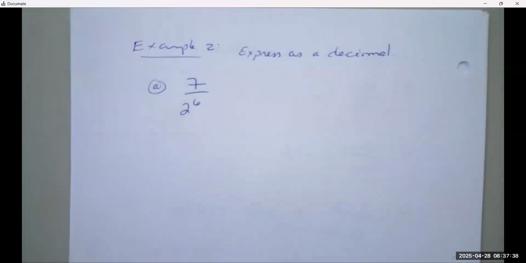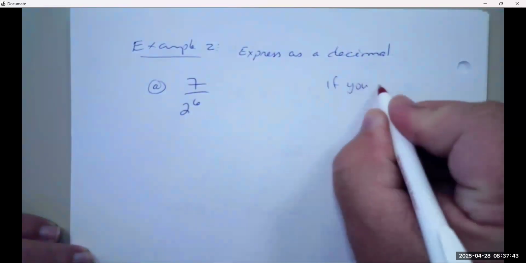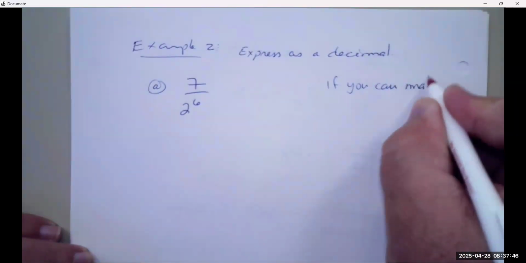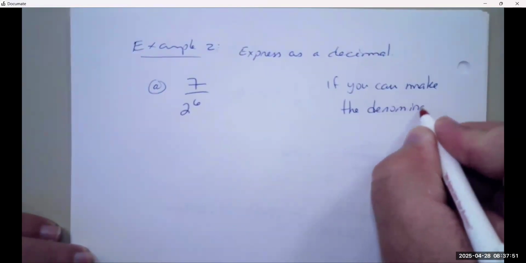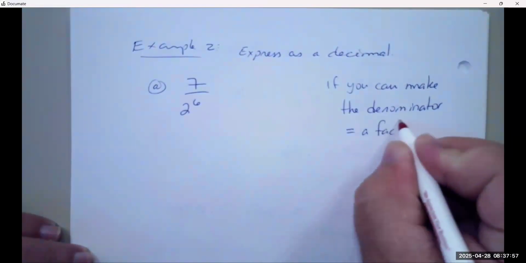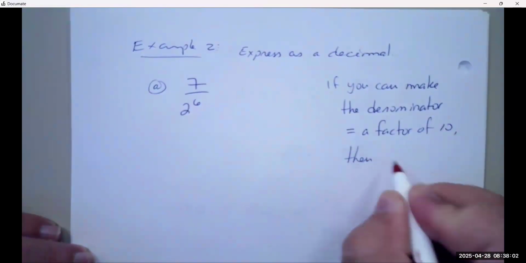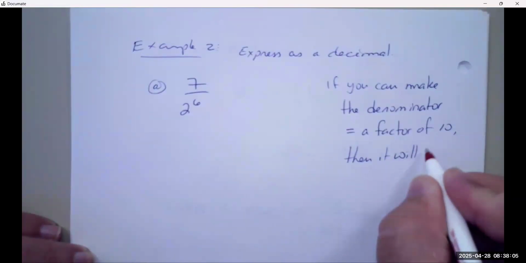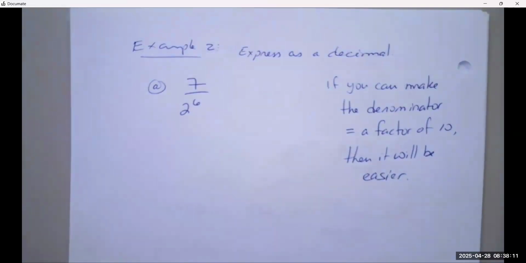That's what we're going to do here. If you can make the denominator a factor of 10, then it will make the whole number easier.